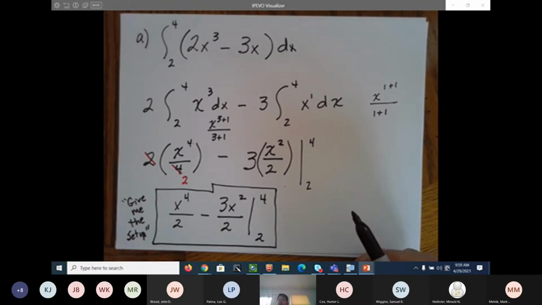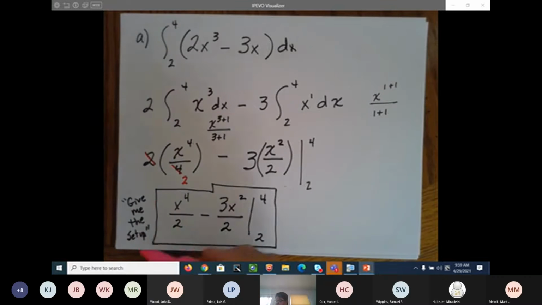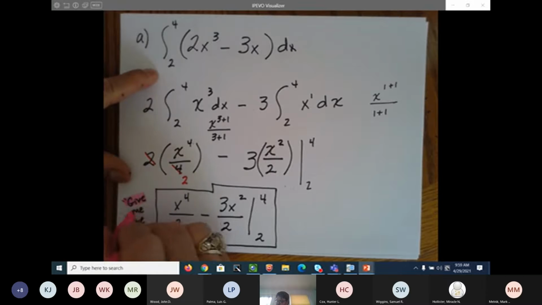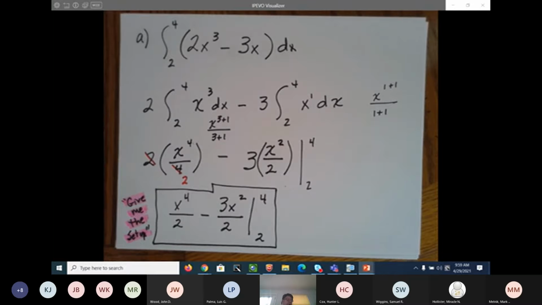Is everybody with me? So some calculus teachers just say, give me the setup. And some of your homework problems will just ask for the setup. May not in 130, but they may ask you for the setup in 230. Does everybody understand that? I hope everybody writes that down, because I don't want you to be confused when you go into Calc 2 and the teacher says, just give me the setup. Okay, now we're going to do the basic math.